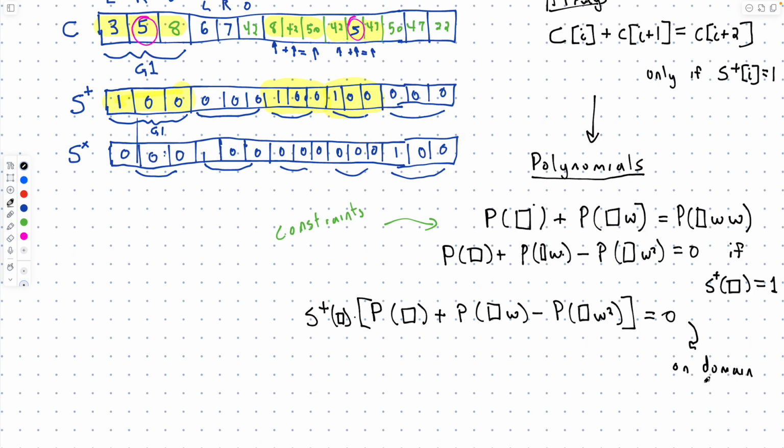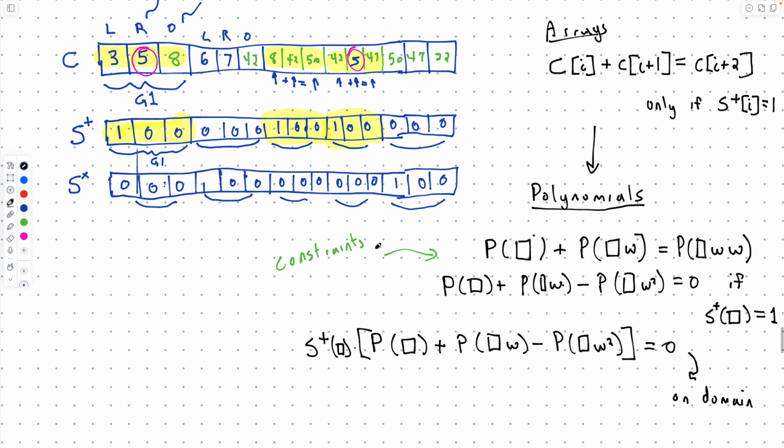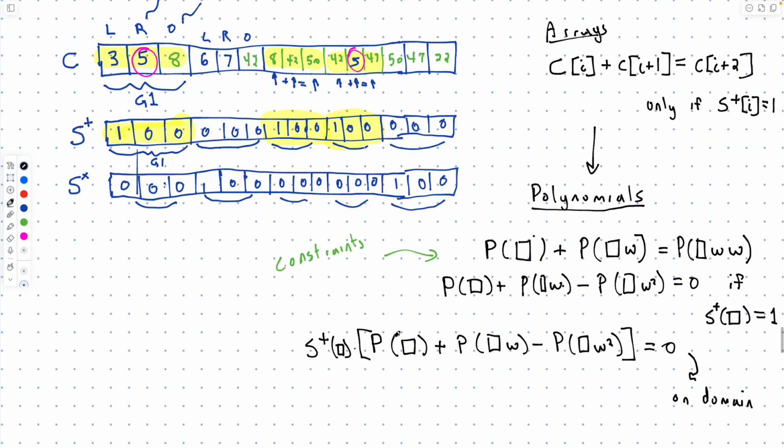But anyways, what I'm saying is pick any value along the array. In fact, someone just shout a number between 1 and 15. 7. Okay, so 0, 1, 2, 3, 4, 5, 6, 7. So I'm here. Is this number plus this number minus this number 0?